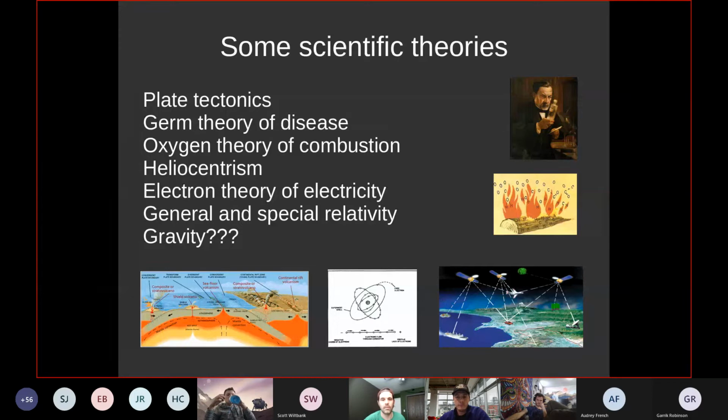It makes useful predictions about when volcanoes are going to erupt. All that rides on this explanation for why there are earthquakes and why there are volcanoes and why the continents look like they fit together like puzzle pieces. Well, our best explanation for that is plate tectonics.